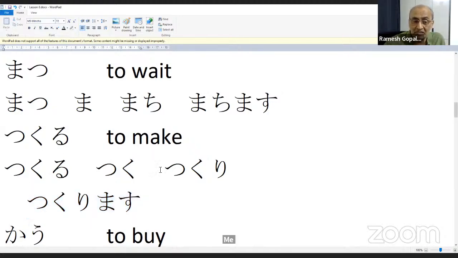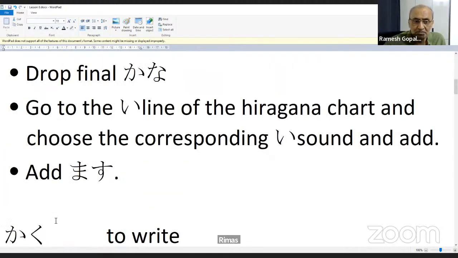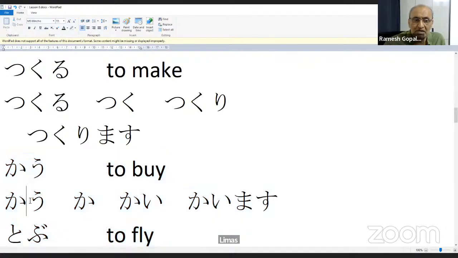Next, I'll give you another verb. Kau. Kau is to buy. What do you do? Drop u. You're left with ka. And for u, the corresponding e sound, add that, and then add mas.